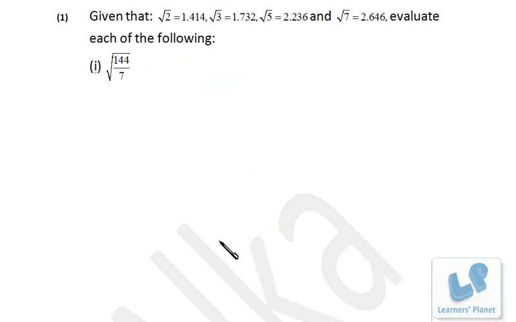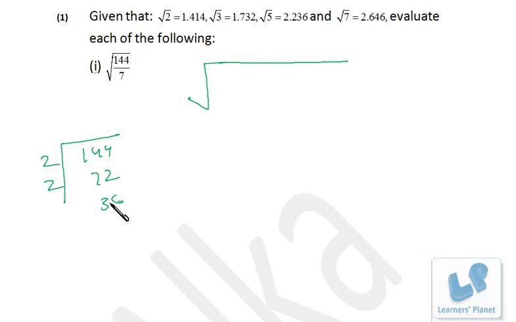Now friends, let's see this problem. Here root 2, root 3 and root 7 are already given, and we have to find the value of this expression, that's root of 144 by 7. So what you can do is factorize 144. So 144 is 2 times 72, 2 times 36, 2 times 18, 2 times 9, 3 times 3, and 1.